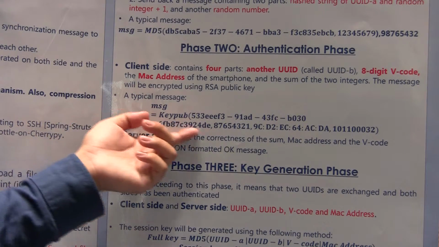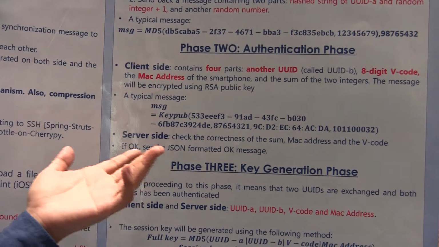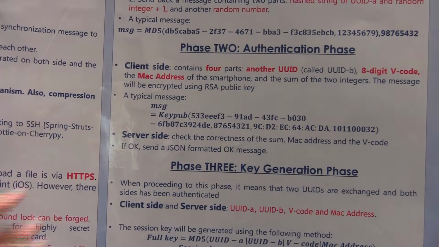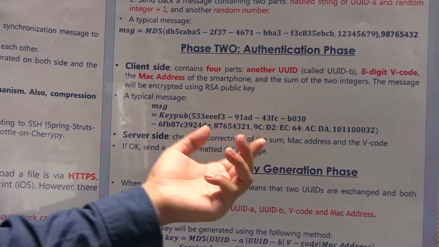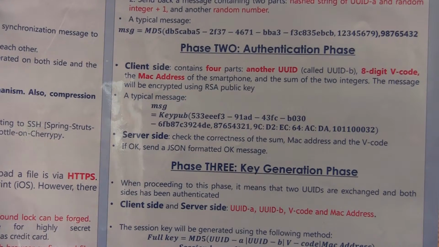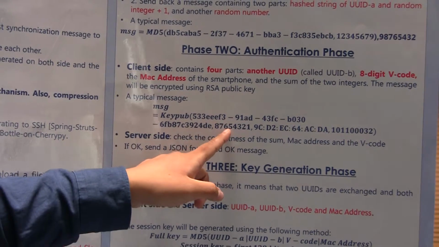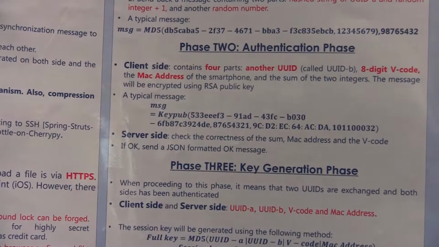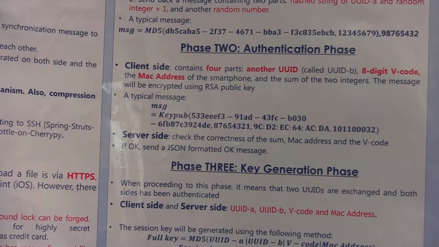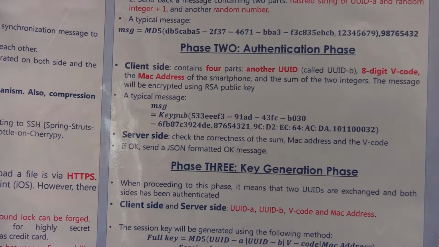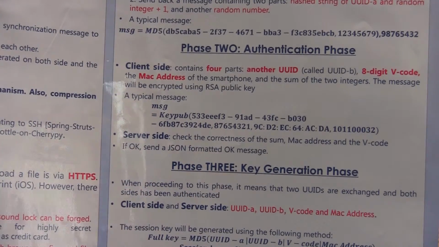After receiving this message, the server side will check whether this sum is correct, and then it will query the database to see whether this vcode and this MAC address are consistent. If consistent, the server side will return a JSON format OK message to notify the client that he can proceed. Both sides are ready to proceed to the uploading phase. And phase 3 is the key generation phase.